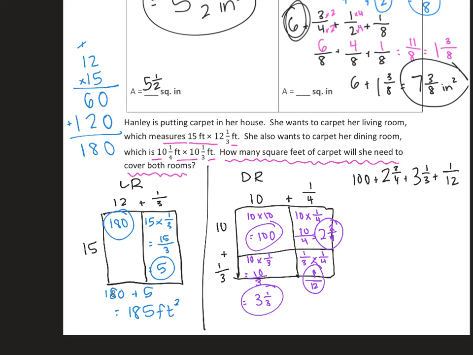All right. So I'm going to go ahead and add up all of my whole numbers here. So I'm going to say 100 plus 2 plus 3. So that's going to give me 105. So now I have 105 plus 2/4 plus 1/3 plus 1/12.